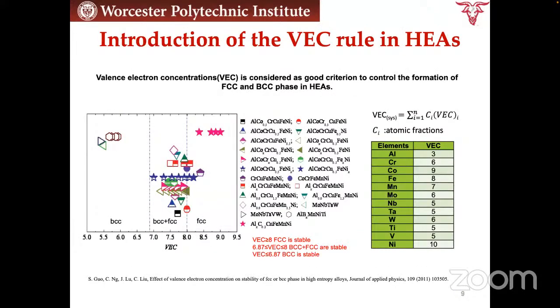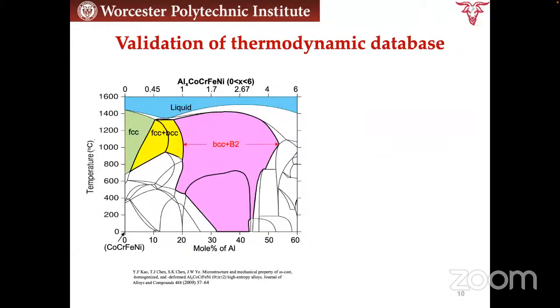So the first thing I introduced is the BCC rule, and the second thing is this covered approach. The first question is how reliable is the thermodynamic database, because garbage in, garbage out. So we did some calculations purely based on the database, and then we did a literature search on the experimental data.